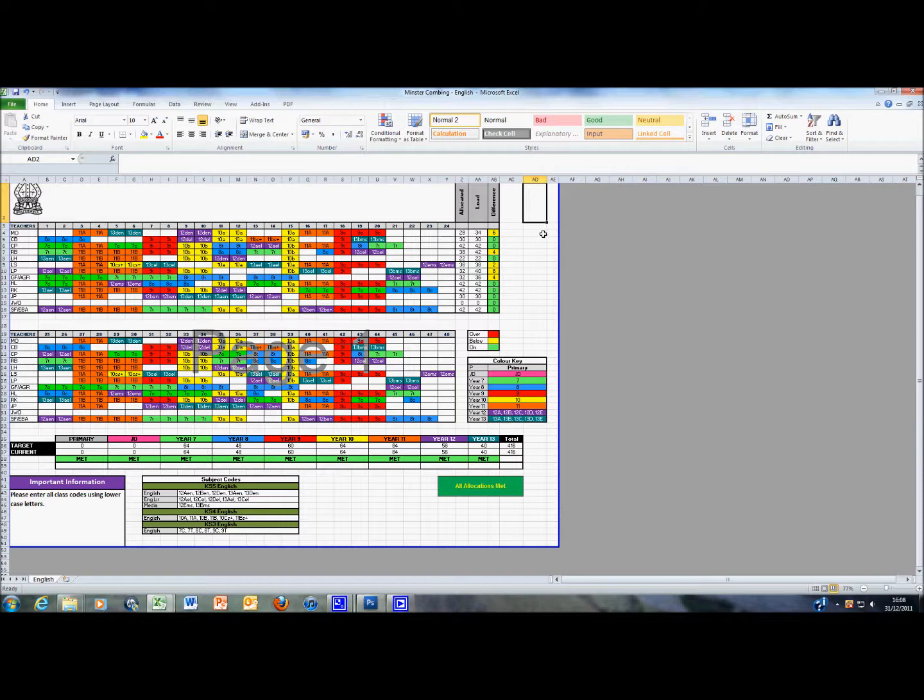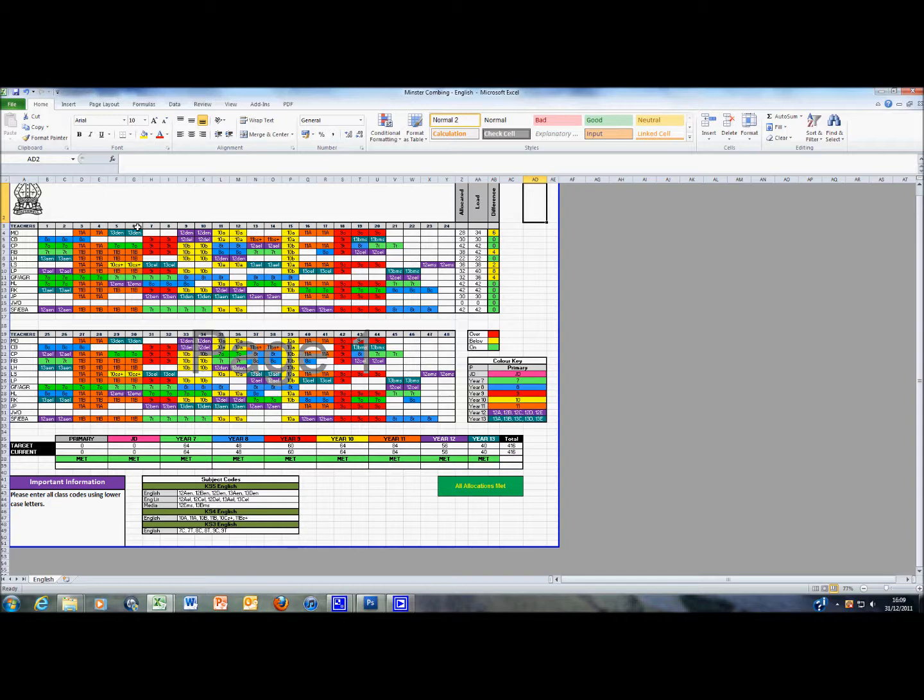It looks on this chart as if the top table represents week A and the bottom table represents week B. And whilst it is possible to design a combing chart in this way, it's not necessary. Just consider each period to represent one possible teaching period in a complete 2-week cycle. So there's no need to split it between weeks. Keep all the class blocks together.